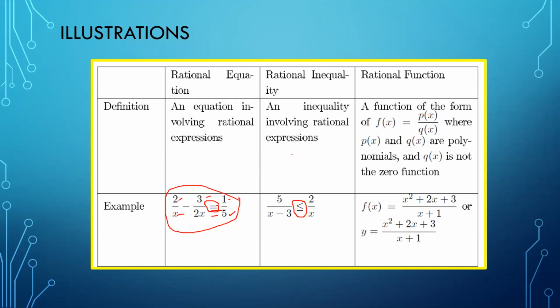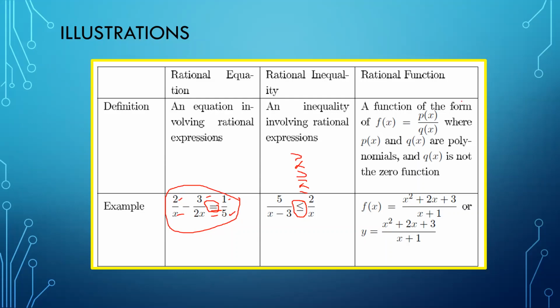So we have greater than, less than, greater than or equal to, and less than or equal to. These are the inequality signs. So the moment it is a rational expression and is separated by an inequality sign, then this will be a rational inequality.